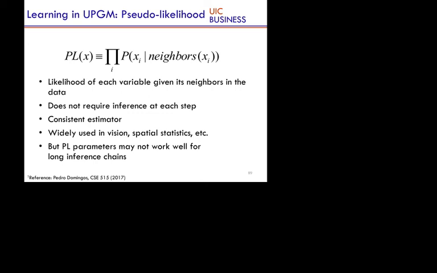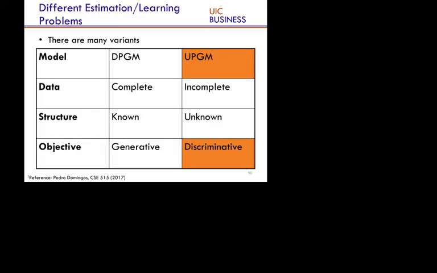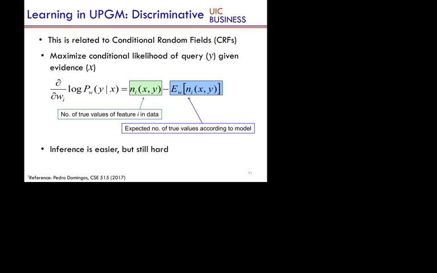Okay. And one final thing, which is not that big of a change, is when you have undirected graphs and you are in the discriminative setting. Discriminative setting is just the same as before, except you'll have a condition on some bunch of random variables. So it's basically the same as before, except some parts of the joint distribution are fixed. So I just added, from let's say two slides ago, I just added x.